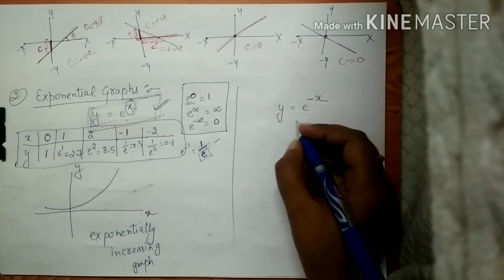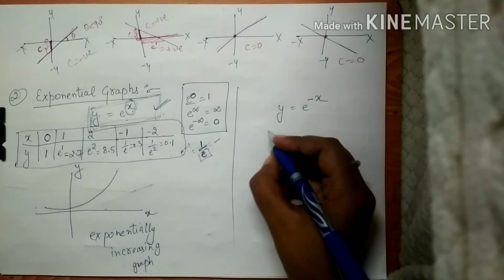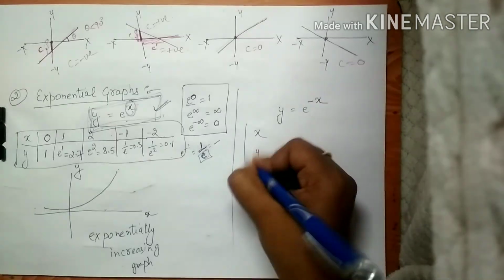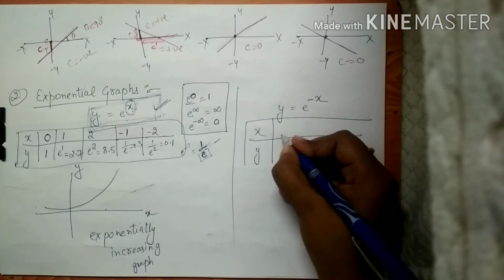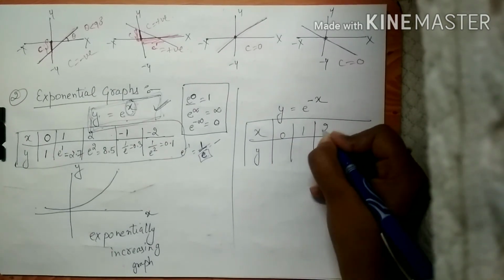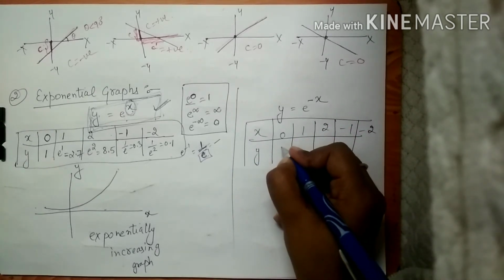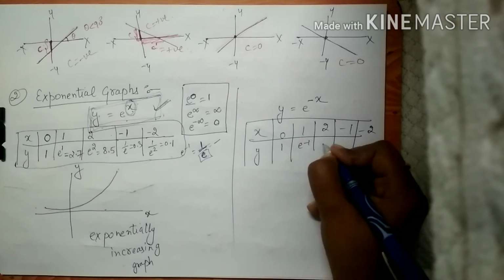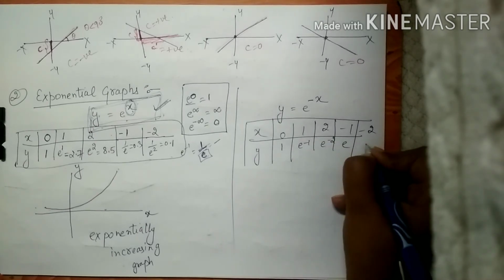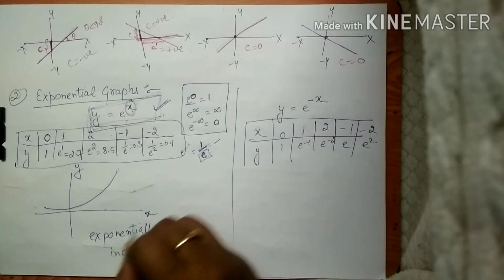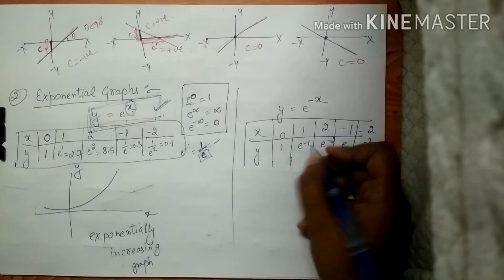Similarly, for y equals e to the power x, if you have values of x like 0, 1, 2, -1 and -2, for 0 you will get 1, and for -1, -2, 2 you get e to the power -1, e to the power -2, e square, like that. On calculation you will get the values.